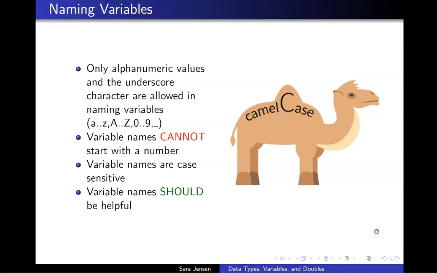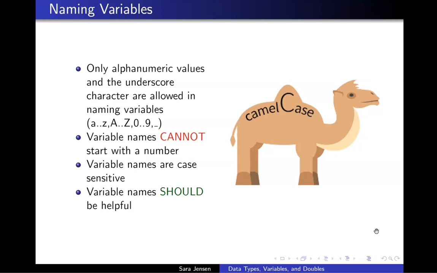So the underscore is really there to act as a space for you visually, for your eye, to help with readability. Perhaps something that I should have started with is that the purpose for these values being permissible for naming variable names is that variable names should be helpful and informative in describing what is being stored in that variable.